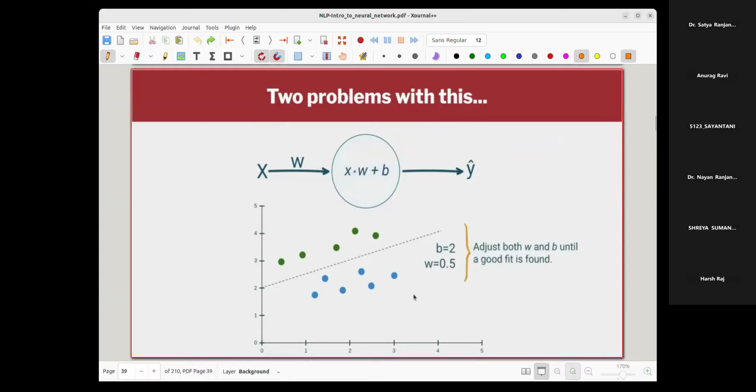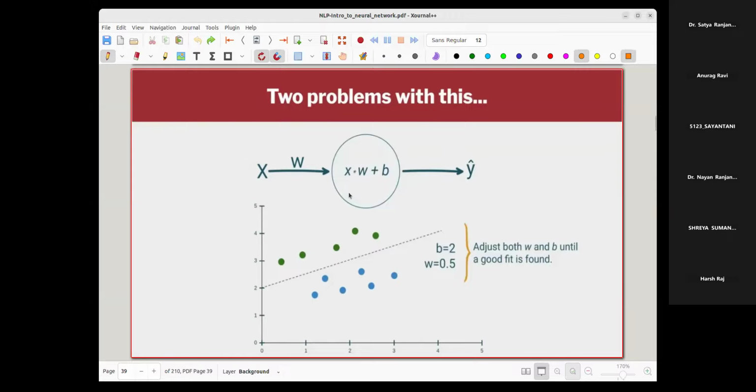So if I take b equal to 2 and w equal to 0.5, then this line will be created, and this line can be called a class boundary, which decides that anything above this line will be green, anything below this line will be blue. So we have to adjust not only w but also b to find a good fit which will segregate these two classes properly.